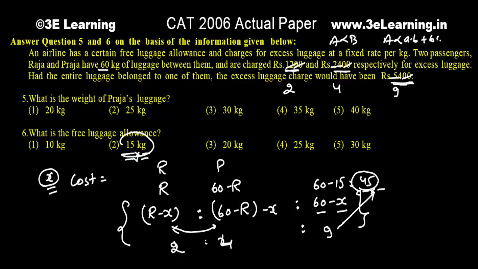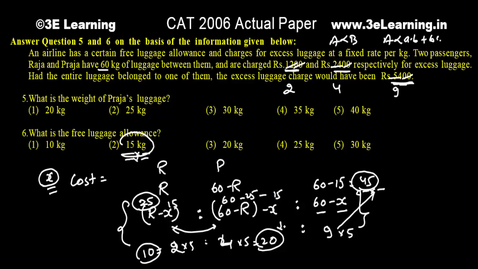So I got 45, that means 9 times 5, so this multiple should be 5. If I am converting ratio 9 to 45, this 2 into 5 is nothing but 10. So just check, this one is becoming 10 and I am taking x as 15, so it must be 25. Raja should have 25. If Raja has 25, check against the options. 60 minus 25, and I have taken x as 15.